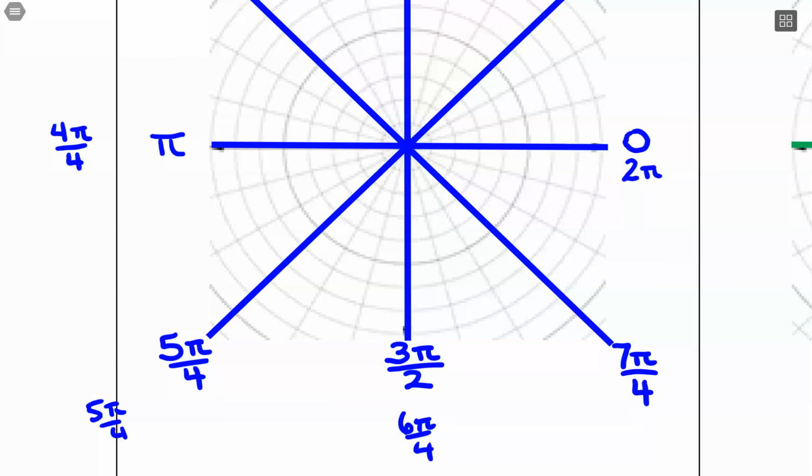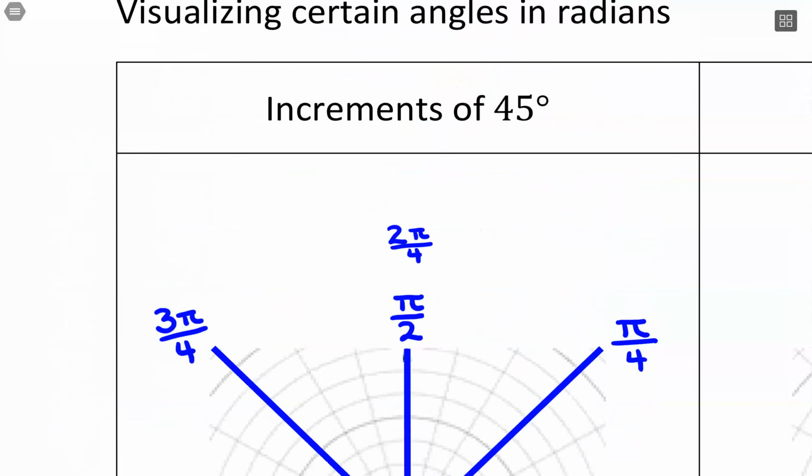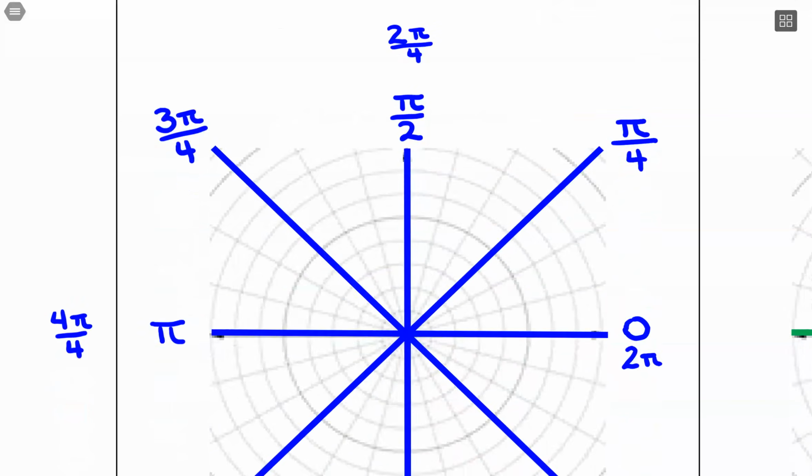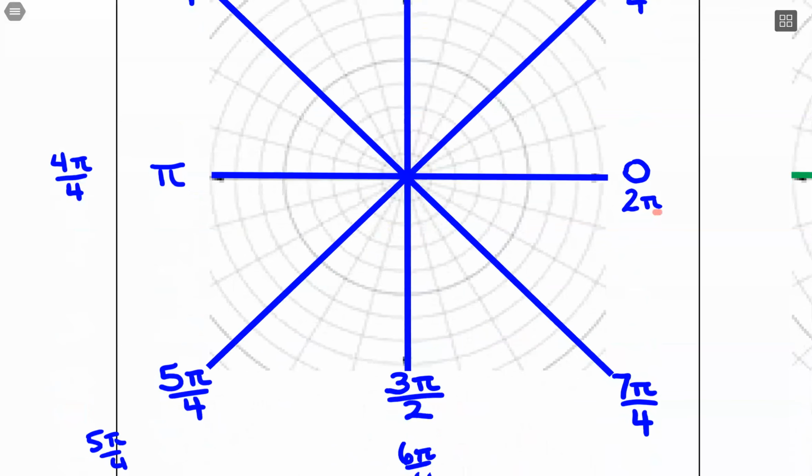So in a simplified form, it comes down to recognize you have a denominator of 4. That's going to link to 45 degrees, so pi over 4. And then in terms of going around the circle, you're just counting 1, 2, 3, 4, 5, 6, 7, 8.